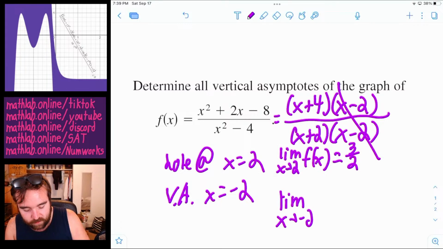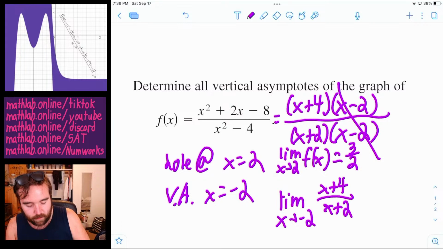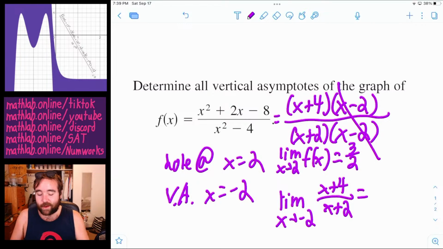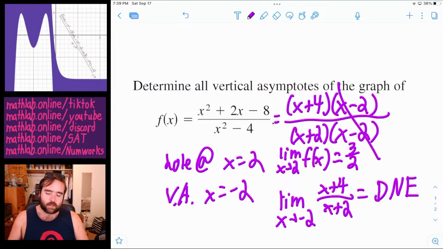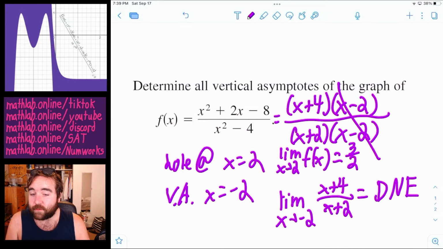Because even after you simplify it to be x plus 4 over x plus 2, you still can't plug in -2 into there. And there's no way you're going to make it to where you can plug in -2. That's because there's a vertical asymptote. So this limit does not exist. That's important to remember, but you know that. You got to factor and you got to find the holes, because just because it's on the bottom, it might cancel out. And if it cancels out, it's not a vertical asymptote. It's just a hole in the graph.